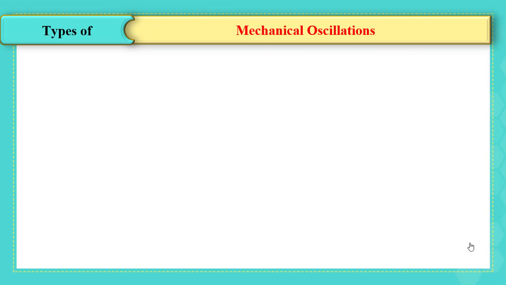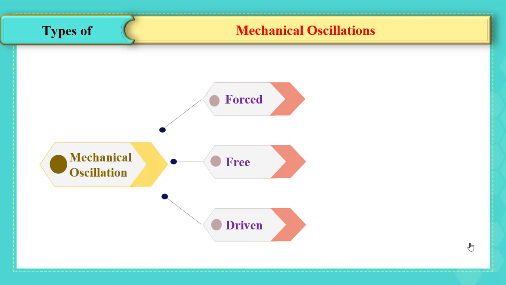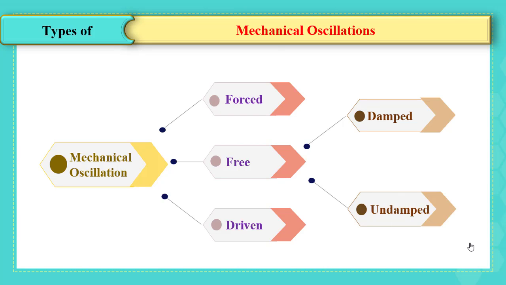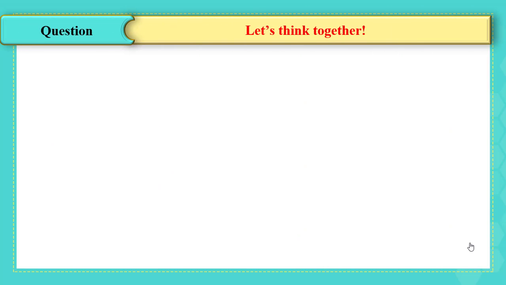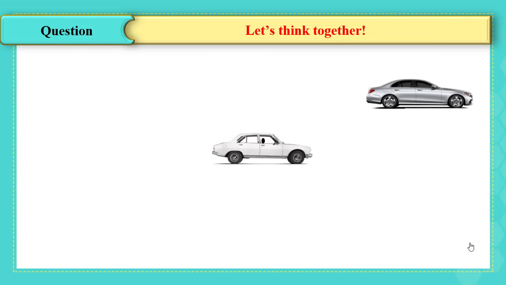Mechanical oscillations or oscillatory motions can be classified into 3 types of oscillations: forced oscillations, also called driven oscillations, and free oscillations, which can be damped free oscillations or undamped free oscillations. I would like to ask you a question, and mainly who have tried riding an old car and a modern car will answer.